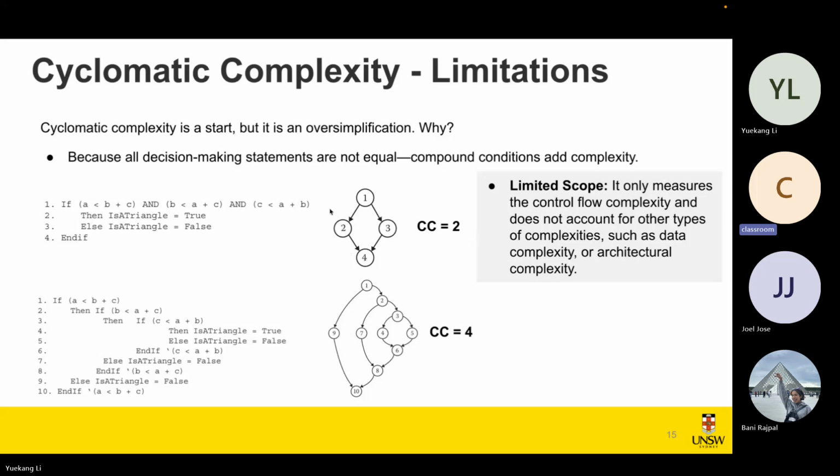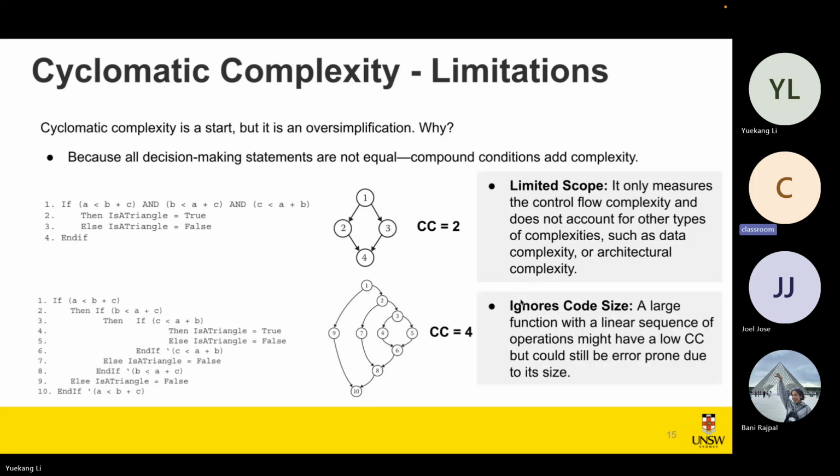But it doesn't mean the program below is more complex than the previous one, because in these compound conditions, we are equally likely to make mistakes. So it doesn't really simplify the program. Cyclomatic complexity only measures the structural complexity of the control flow graph, and it doesn't consider the data part.